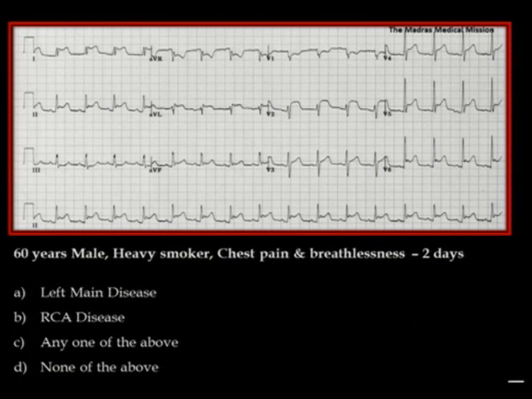Notice there is a global, if you can permit me to say that, is there. Global ST segment elevation is there. But we look carefully, AVR, because this is an exceptional lead, we don't really look at that with respect to the definition of a global ECG changes. When we say global, unfortunately, we exclude AVR.